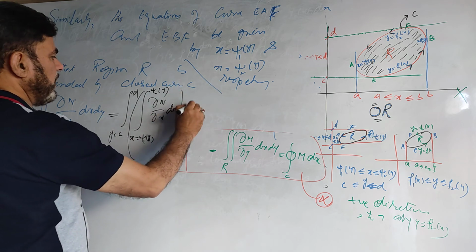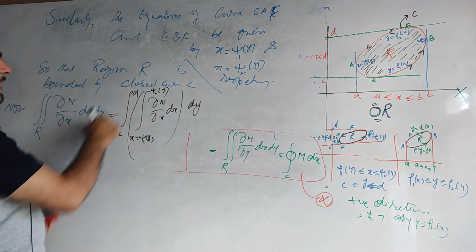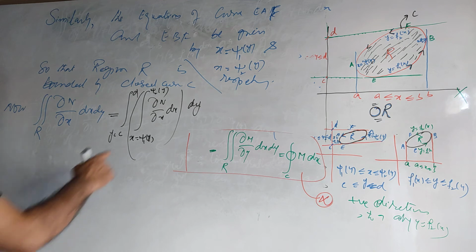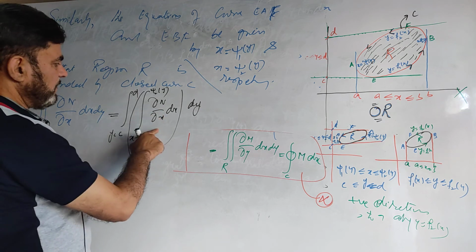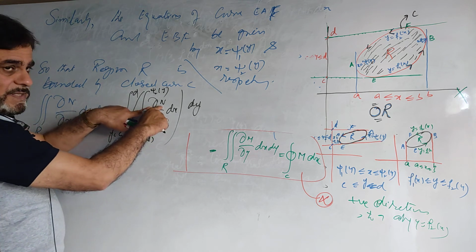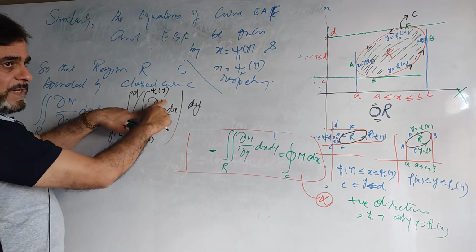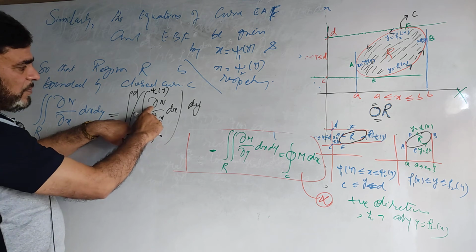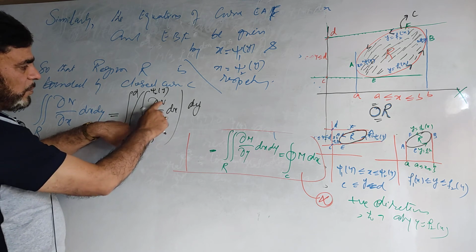I will take y out because for y I have the constant limit, and for x it is involved with the partial derivative of N with respect to x. By the previous result, it is actually N(x,y), a function of x and y whose derivative is dou N by dou x.